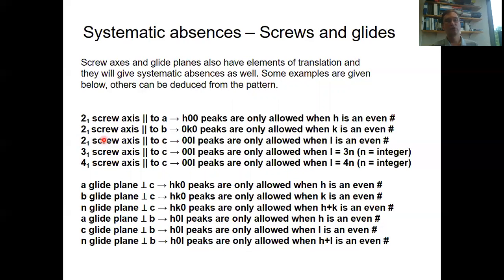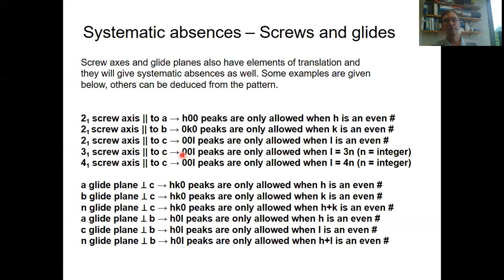If our 2-1 screw axis was parallel to C, then for the peaks of the type 00L, L would have to be an even number. For instance, when we have a 3-1 axis parallel to C, then for peaks of the type 00L, L would have to be 3 times an integer number.